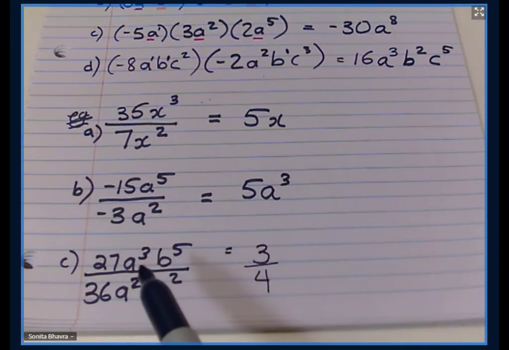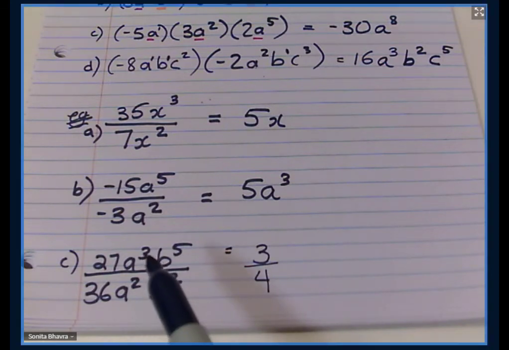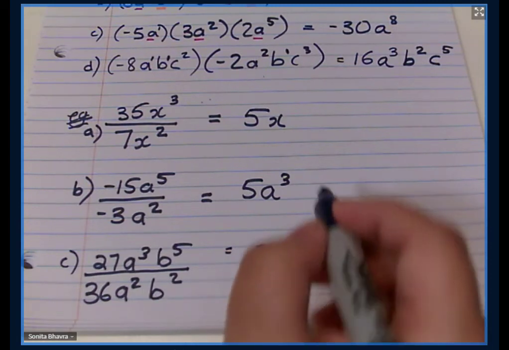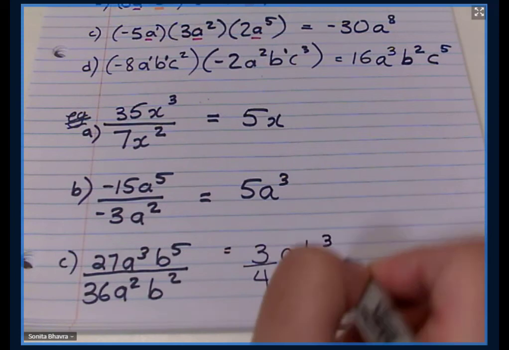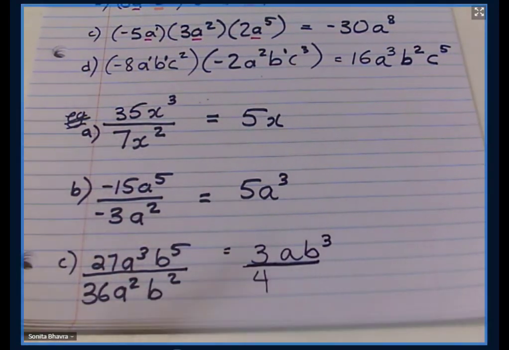Next we have a to the power of 3 and a squared. So we can subtract our exponents. So 3 minus 2, that is just a. And then we have b to the power of 5 divided by b to the power of 2. So we can subtract here as well. So 5 minus 2, that's b to the power of 3. And all of it is over 4 like that.